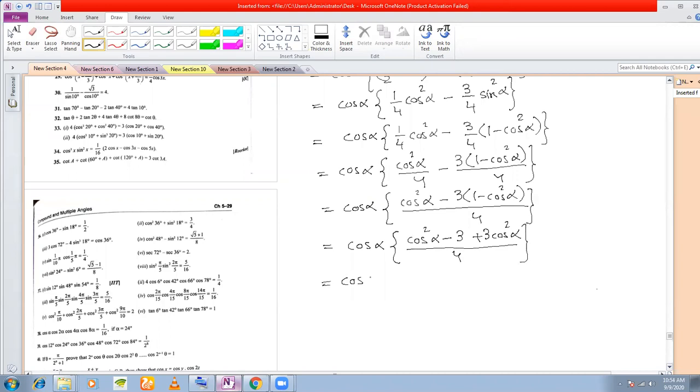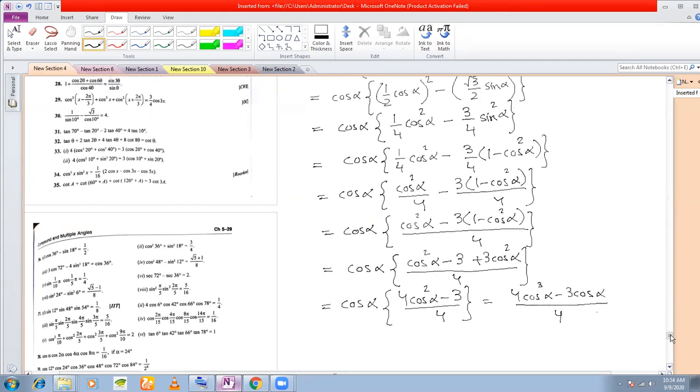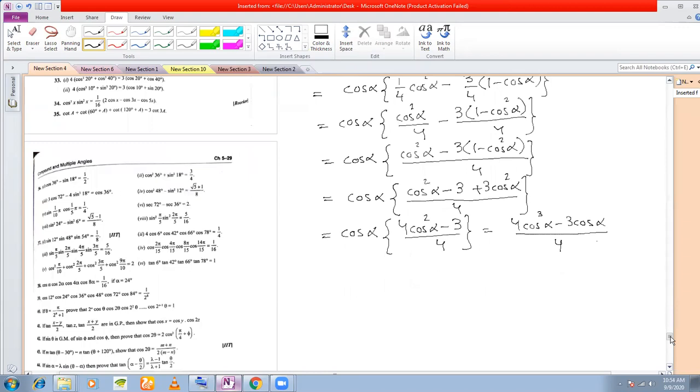So ultimately you get cos alpha into (4 cos square alpha minus 3) divided by 4. So what you get here is (4 cos cube alpha minus 3 cos alpha) divided by 4.